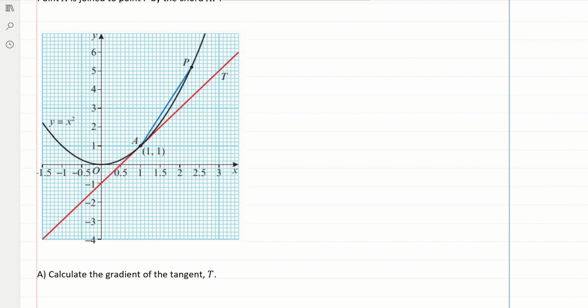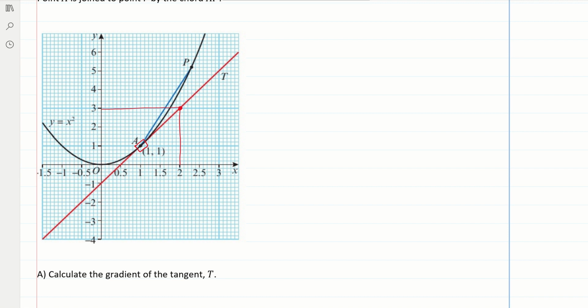Okay. So the tangent to the curve at 1, 1, and I can pick a nice easy point on there. So the point 2, 3. I'm trying to get something accurate. Okay, so 2, 3 is a point on the tangent.